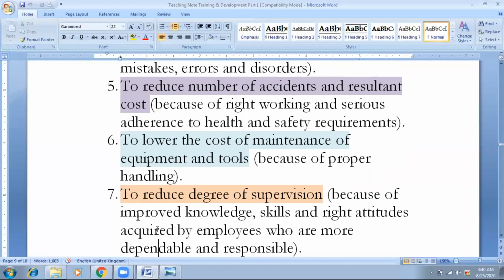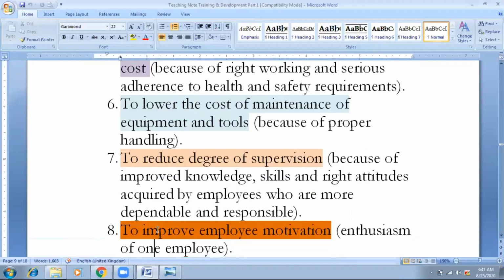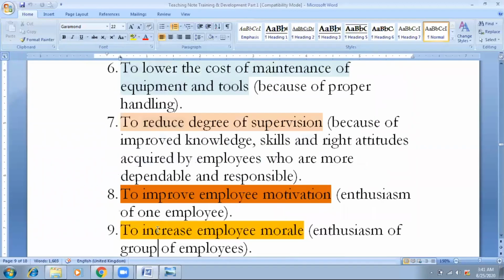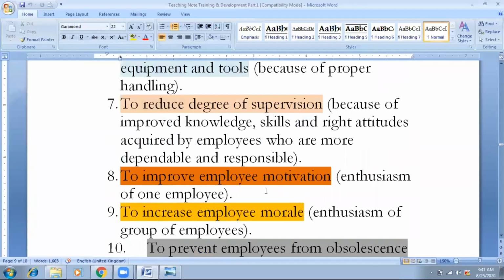Assume the supervisor has 10 employees who are well trained. Then the supervisor doesn't need to spend much time supervising them, because they know how to work, they know what to do, because they are trained. Then to improve employee motivation, the enthusiasm of one employee, that is called motivation.